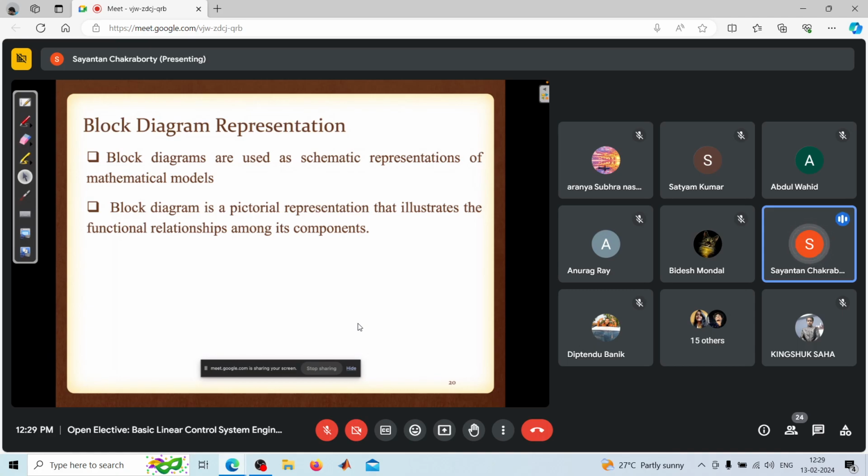So, if you can derive the transfer function of each and every component and you represent this interconnection via some block diagrams, then it will be very easy to apprehend which component is connected to which component and how they are connected or how the signal is flowing between them. Right? For that, we have another part, signal flow graph, which is another extension of block diagram. So the basic thing is that it represents the components and illustrates the input-output functional relationship.